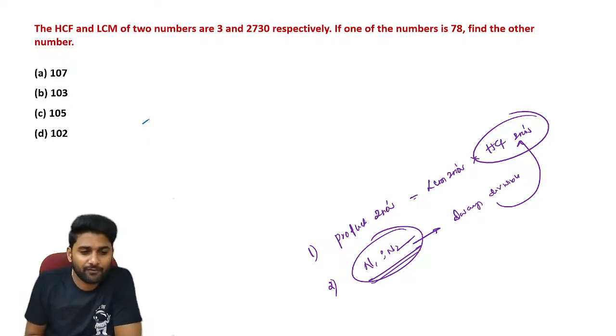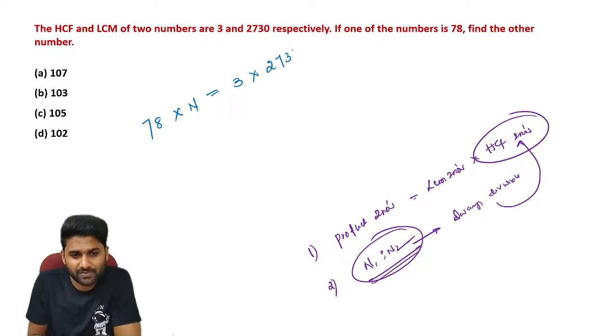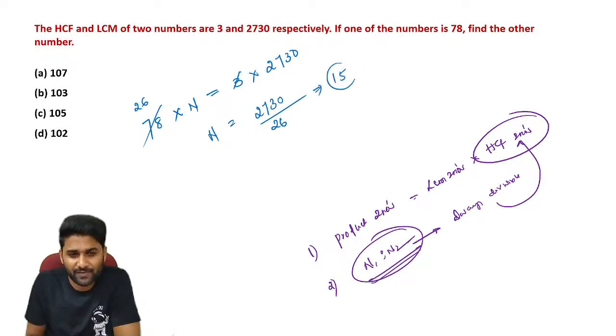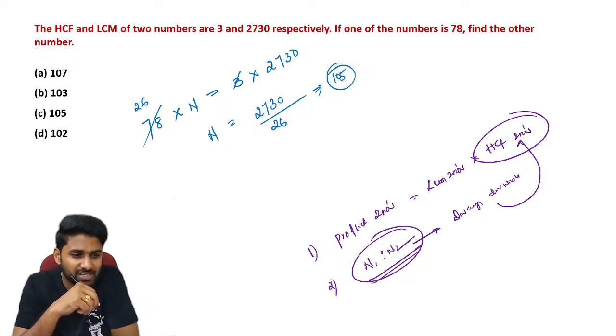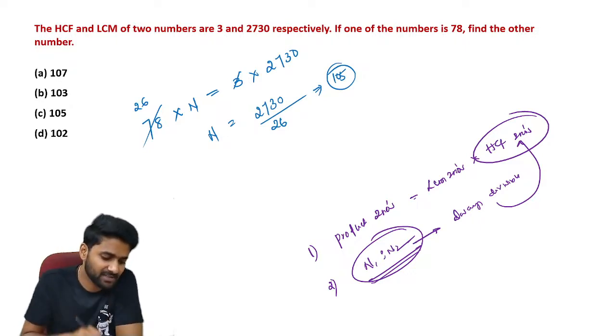Now see here, if one number is 78, find the other number, and the HCF is 3, LCM is 2730. So 3 into 26 is 78. Here the other number is 2730 divided by 26. So 26 into 105, sorry, it's 105 times. 26 into 105 is 2730. That's why 105 is the correct answer.